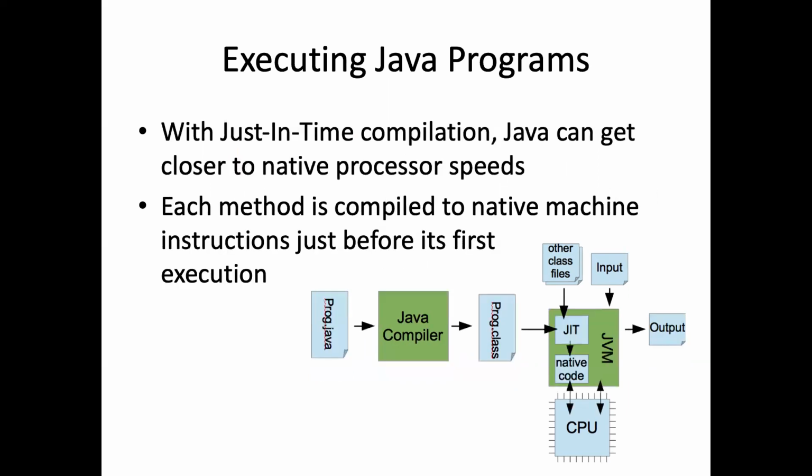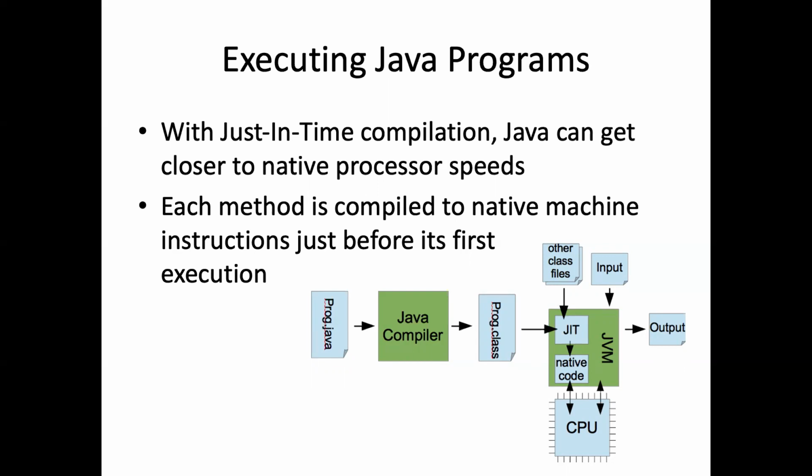Pretty early in Java, they figured out some ways to improve this, and modern JVMs don't really emulate Java bytecode instructions. The first time they run each method, they do what's called just-in-time compilation. They take the code for that method and they compile it the rest of the way down to whatever machine instructions run natively on the CPU.